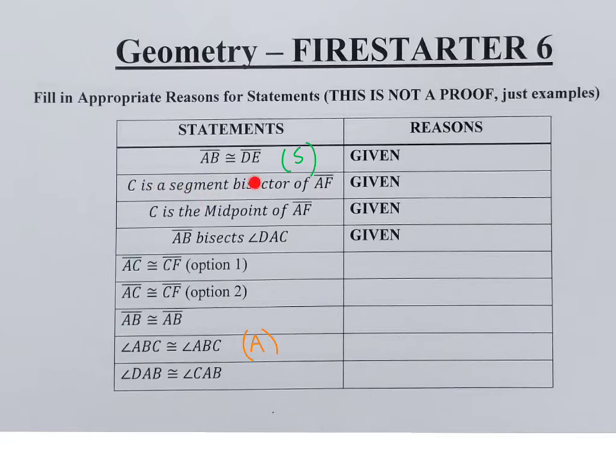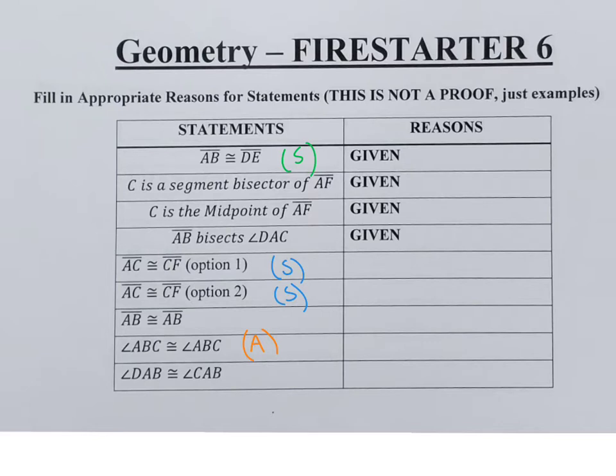This information right here directly led to this statement. This is the side congruency statement. So my given information did not give me a side congruency statement, but I used it to create a side congruency statement. And same as below. This information right here, the midpoint, gave me this side congruency statement.